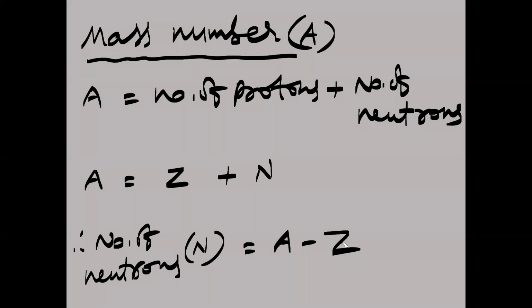So mass number minus protons number, that is, mass number minus atomic number, will give the number of neutrons. So the sum of the number of protons and neutrons in an atom is called mass number.